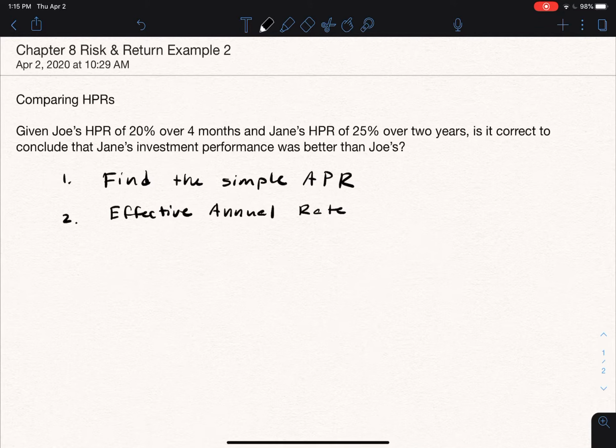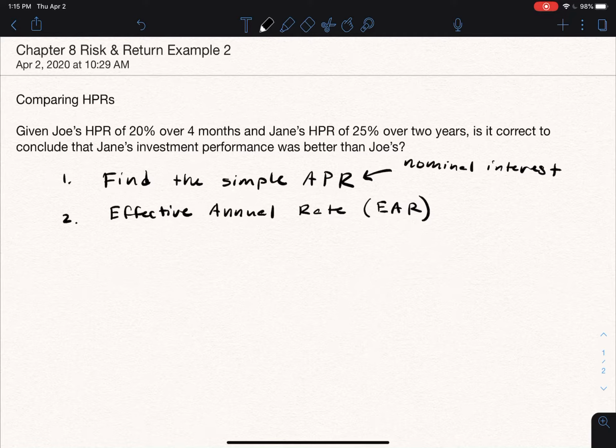You might remember it as the EAR. And if you don't remember, if we've been moving really quickly and you're like, well, gosh, I remember doing that, but I don't quite remember what that's talking about. Remember, the simple APR is the quoted or the nominal interest rate. And there's something that's very important that it does not account for. It does not account for compounding, right?